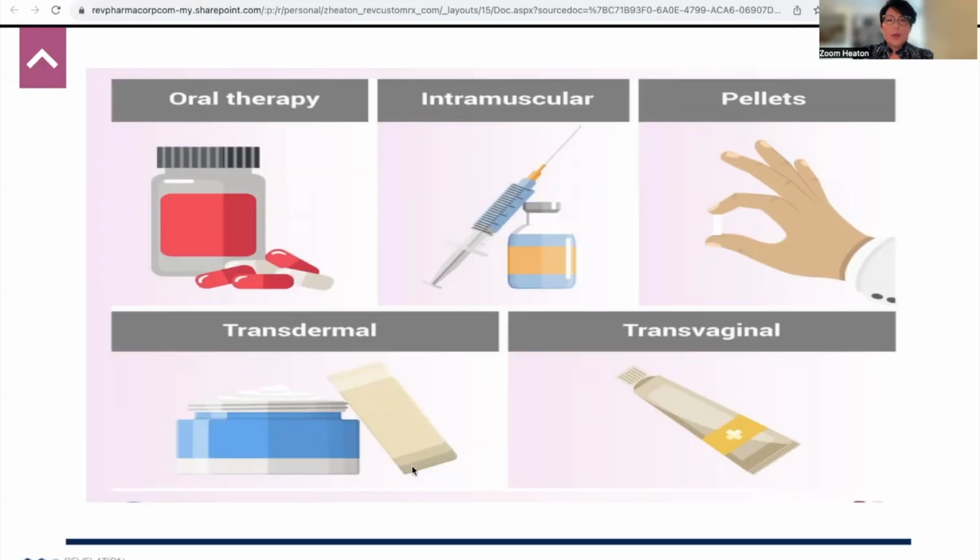So these are some common dosage forms of testosterone for women. The IM form, it's in pellets, it's in transdermal, and also transvaginal. Oral therapy is not as common just because, again, oral testosterone is very hard on the liver and it degrades quickly. It's not as bioavailable, but it's still available.